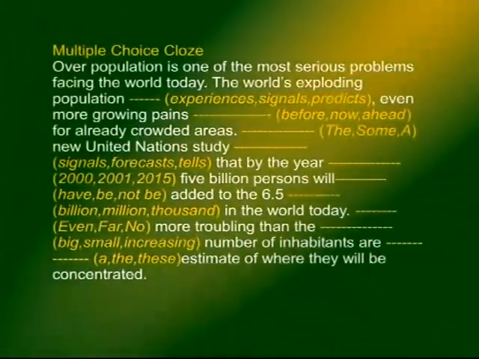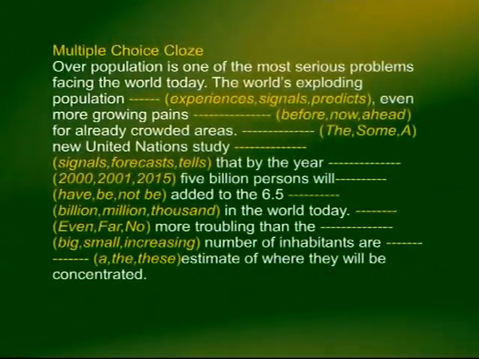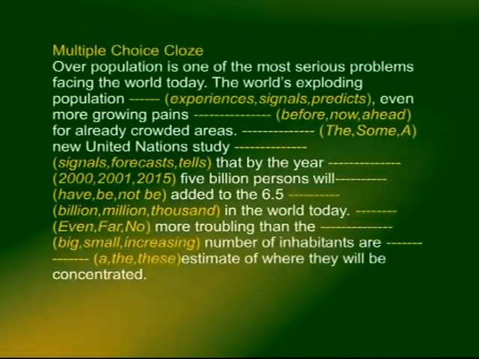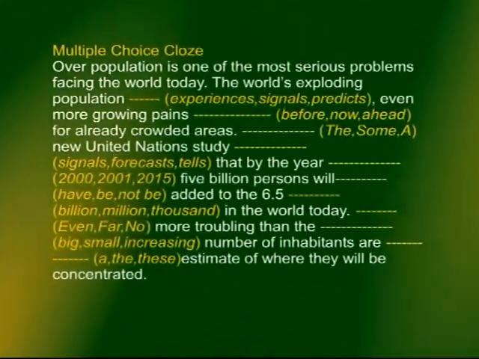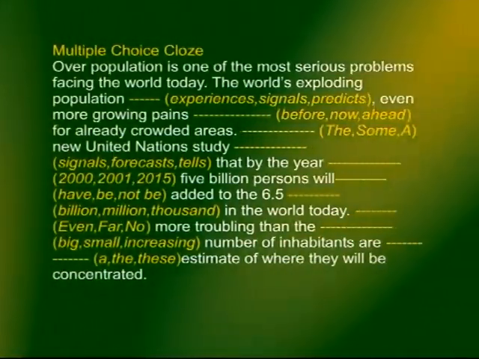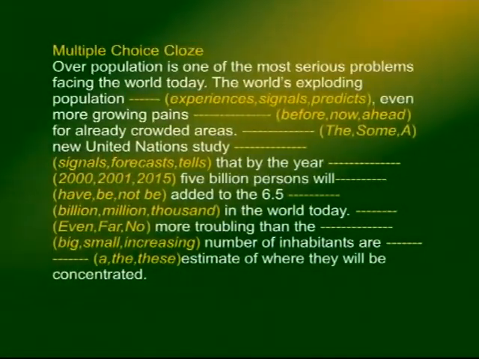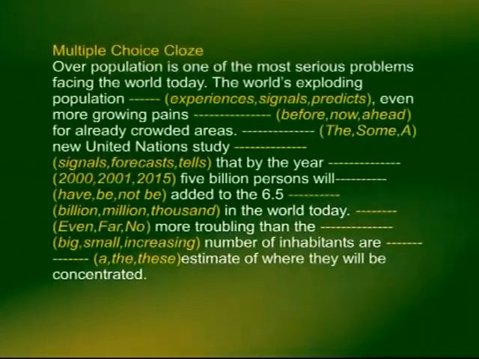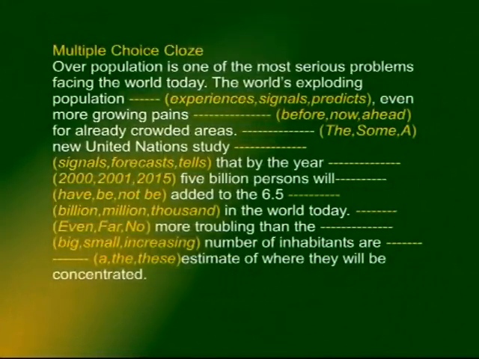Signals, forecast, tells that by the year 2015, 5 billion persons will be, again you've got 3 choices, added to the 6.5 billion, million, thousand in the world today.